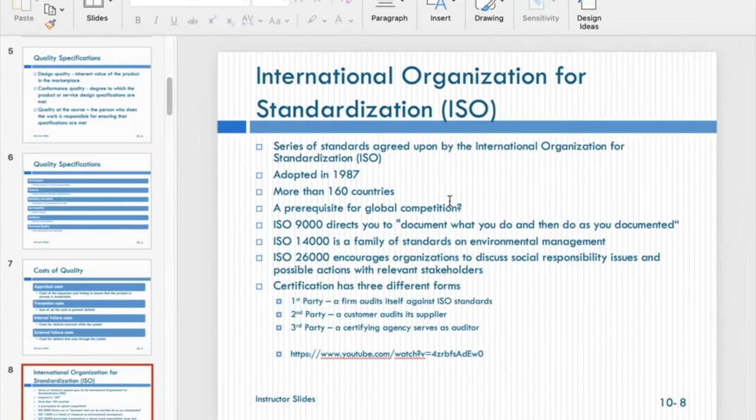In principle it's quite simple. ISO 14000, although it's also related to quality management, is more focused on environmental quality management. The ISO 14000 family of standards on environmental management addresses the need to be environmentally responsible.